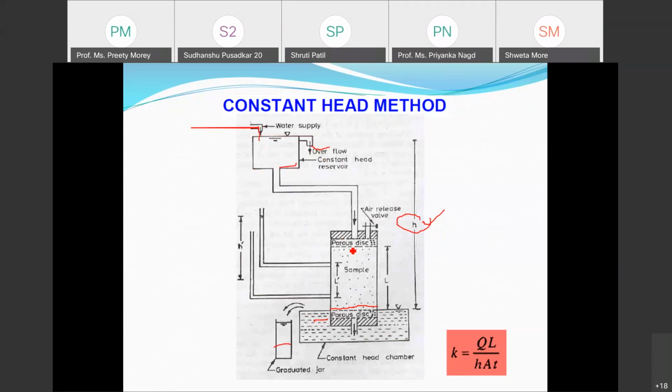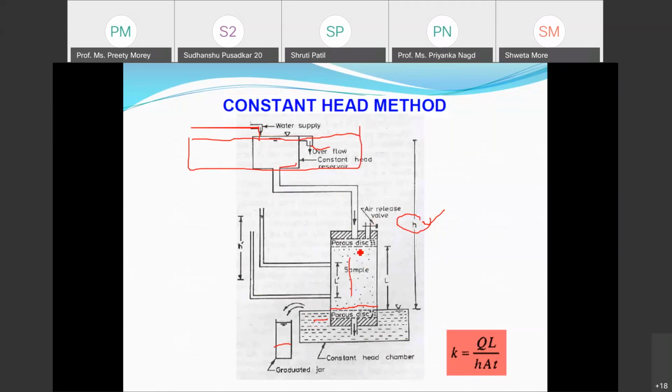Whatever amount of water is flowing through the soil will be added on the top, so the head of the water will remain constant. The second option is to make this tank a very large tank and fill it with water. What will happen?